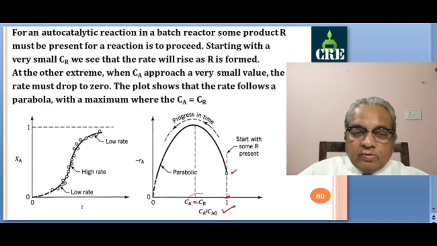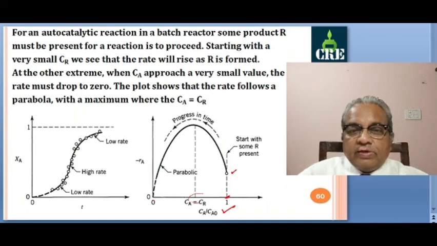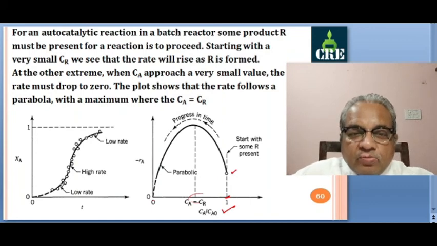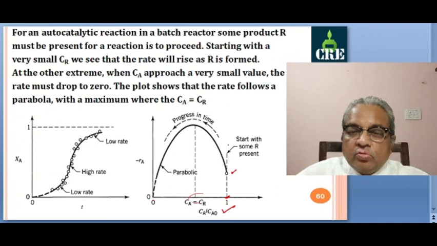And at this high rate, before the rate starts falling, you will reach some maxima that will be represented here somewhere. So for an autocatalytic reaction in a batch reactor, some product R must be present for the reaction to proceed.